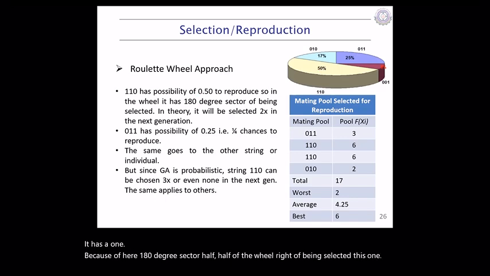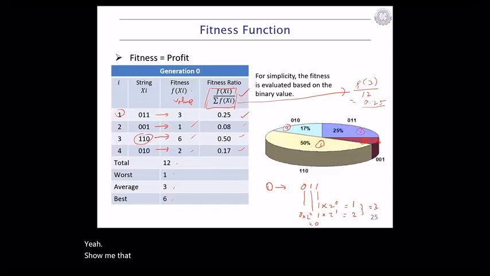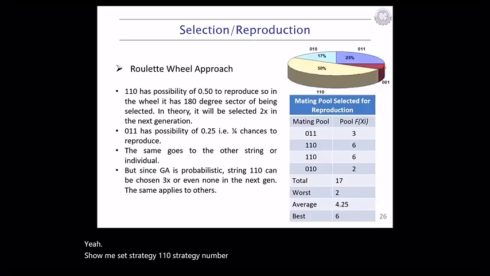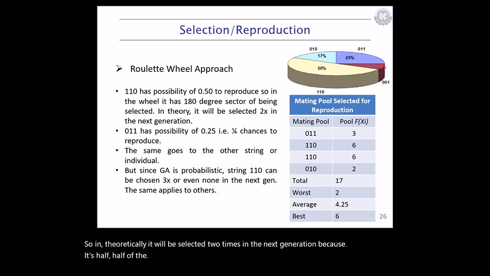So strategy 110, strategy number 3, has half of the wheel allocated to it. So theoretically, it will be selected 2 times in the next generation, because it's half of this portion of the wheel.